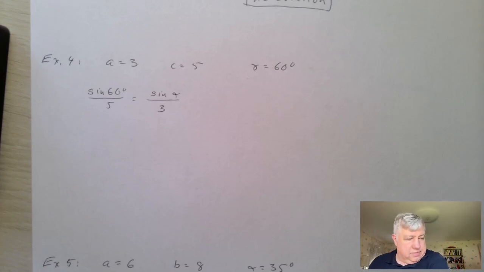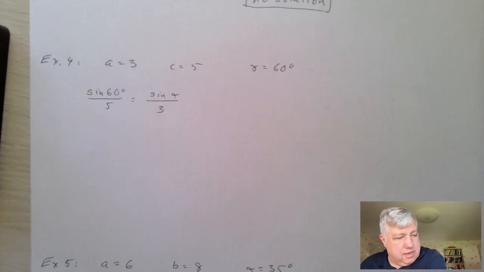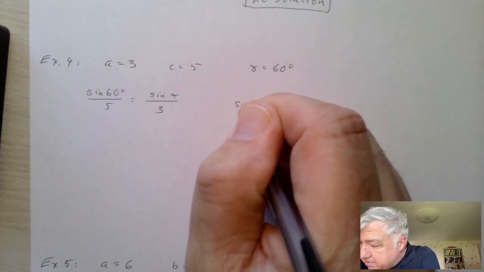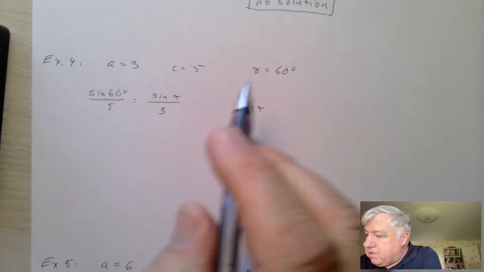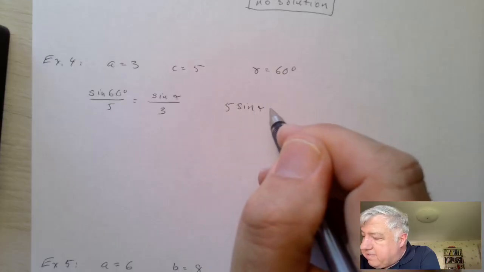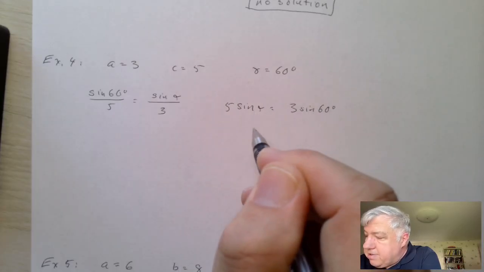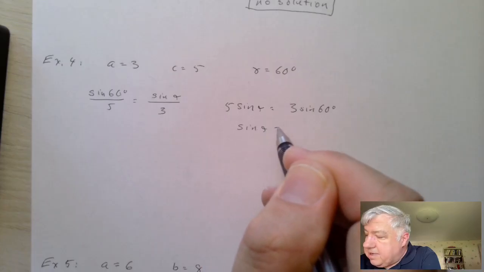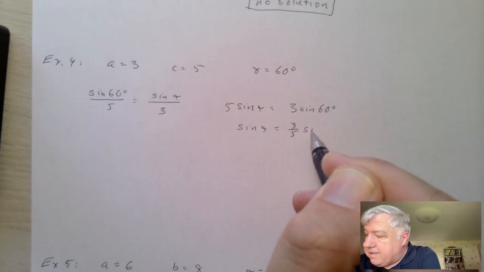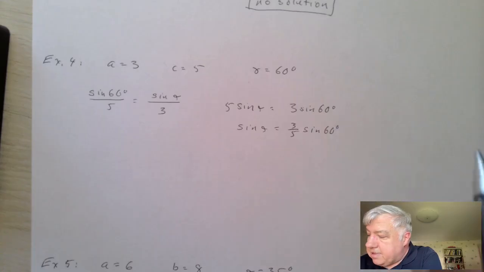Now in this case, we can cross multiply and we get 5 times the sine of alpha is equal to 3 sine of 60 degrees. So this means that the sine of alpha is 3/5 times the sine of 60 degrees.